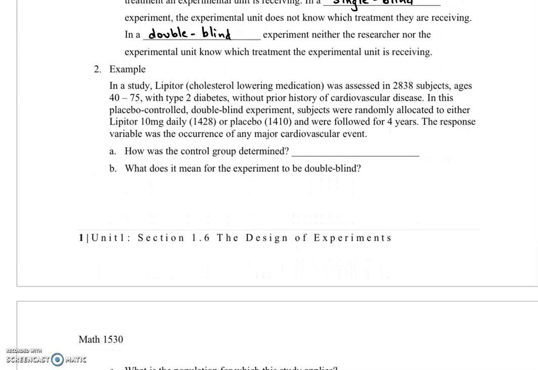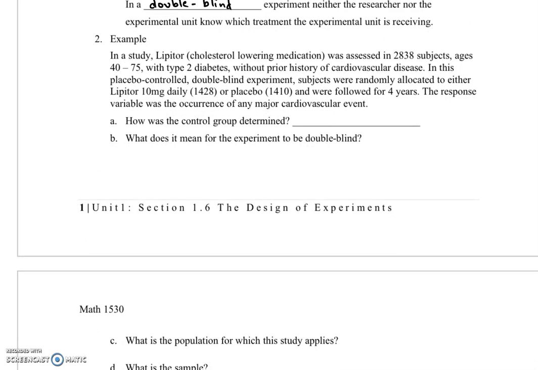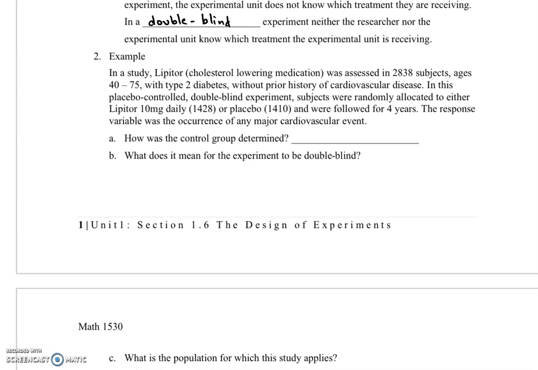So let's talk about an example and how we determine what types of things are going on here. In a study, Lipitor, which is a cholesterol medication, was assessed in 2,838 subjects aged 40 to 75 with type 2 diabetes, without prior history of cardiovascular disease.